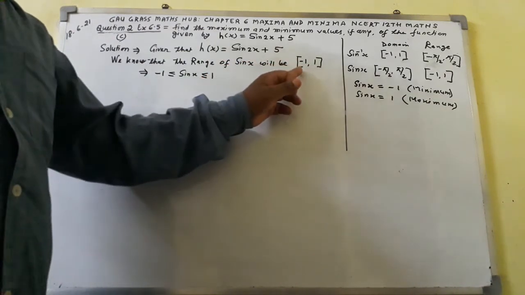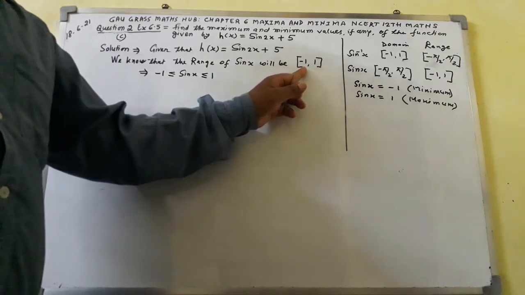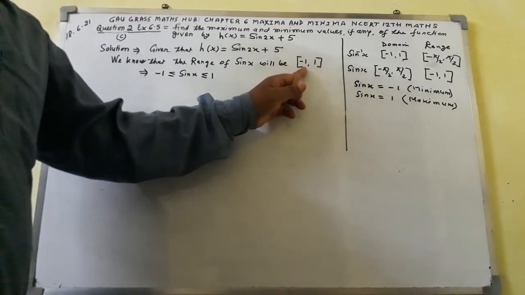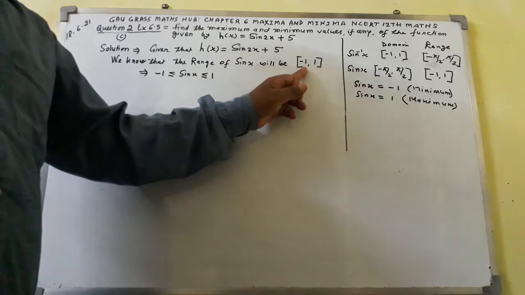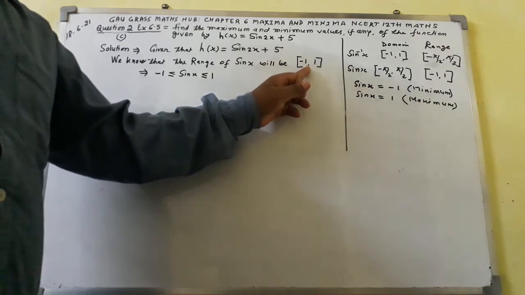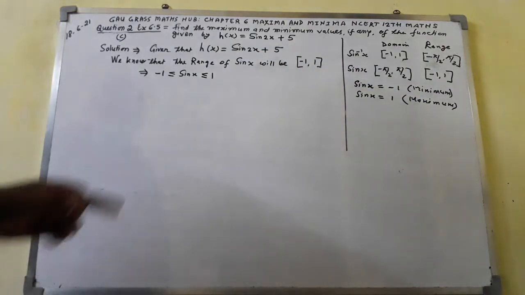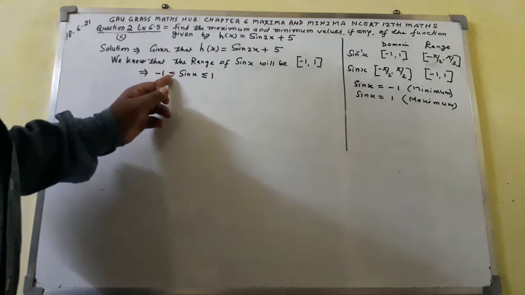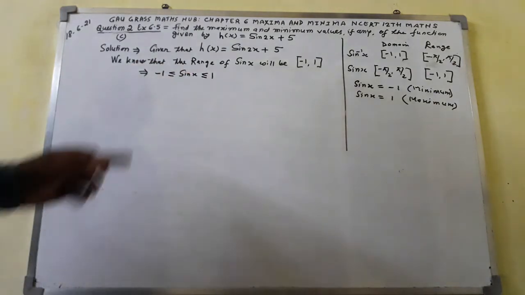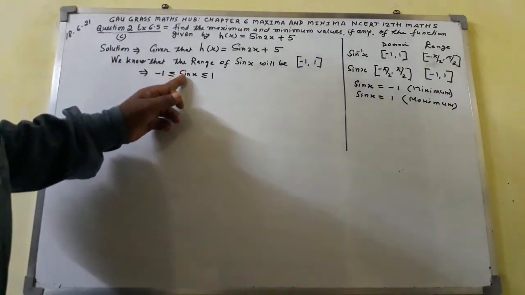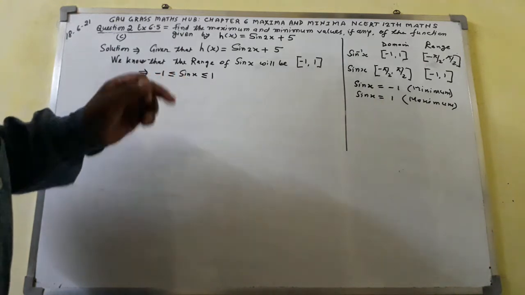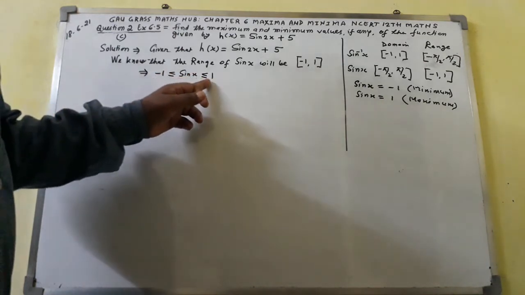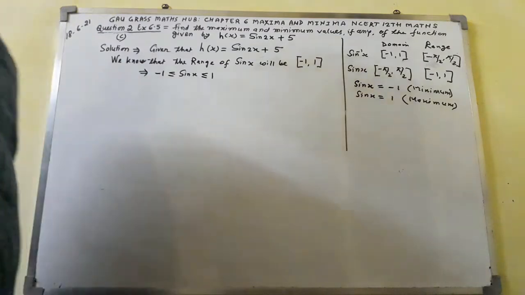The value of sin x will be -1, that will be the minimum value. So the minimum value of sin x is equal to -1 and the maximum value of sin x is equal to 1.